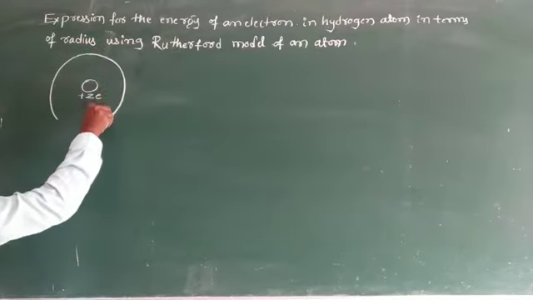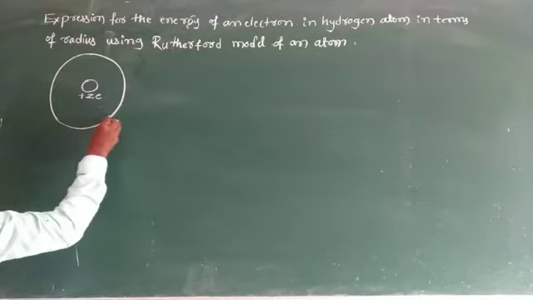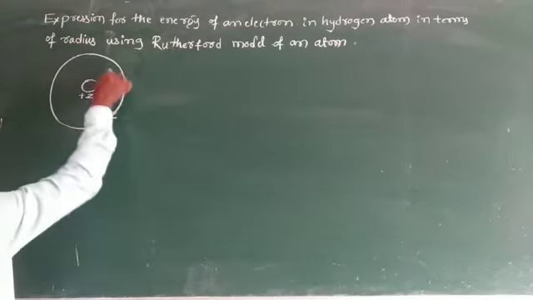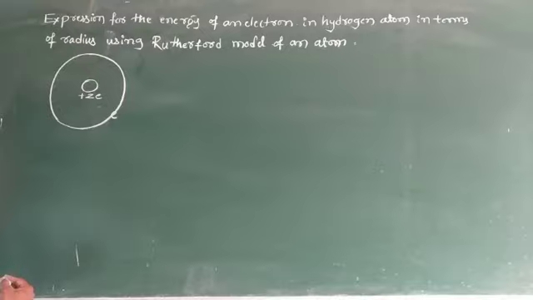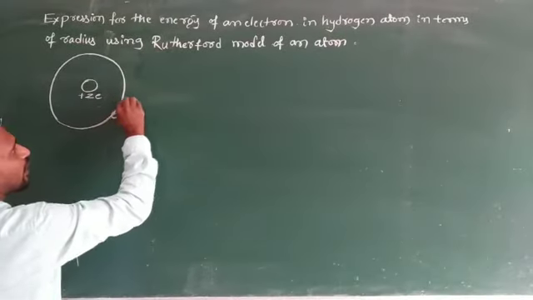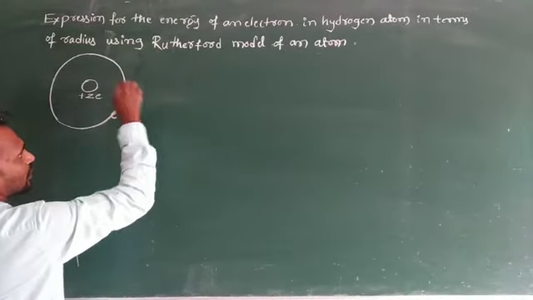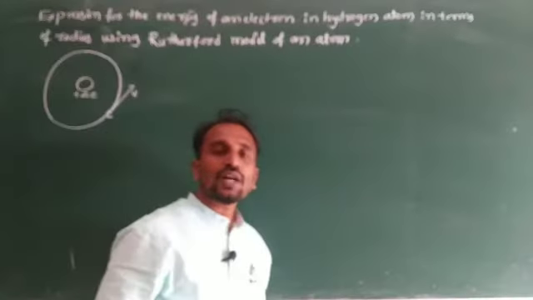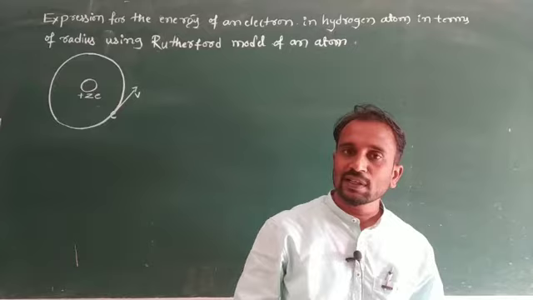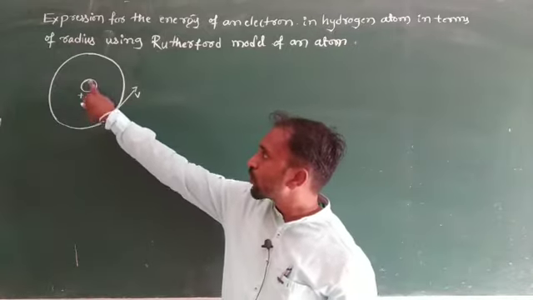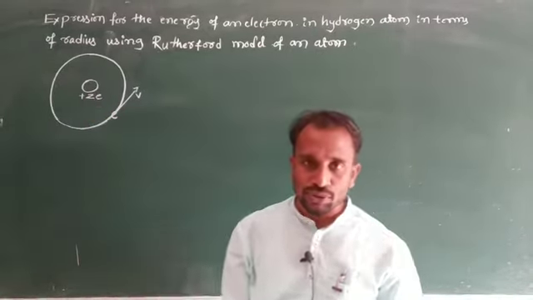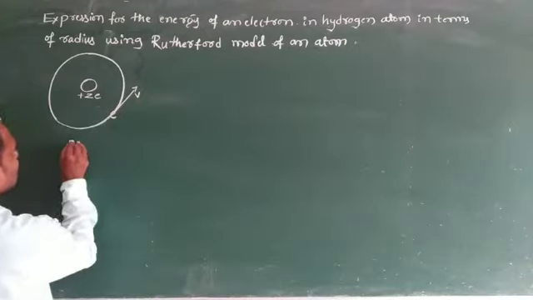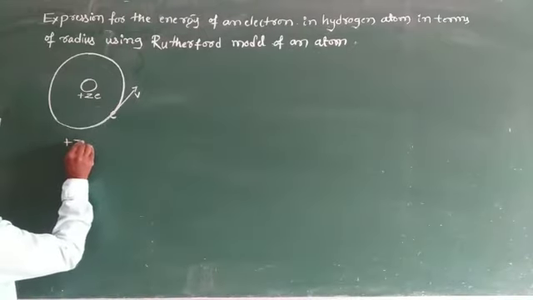The electron revolves around the nucleus, and the velocity of the electron we consider as v. The charge of the electron is negative, and the charge of the nucleus is positive, so we write plus Ze.